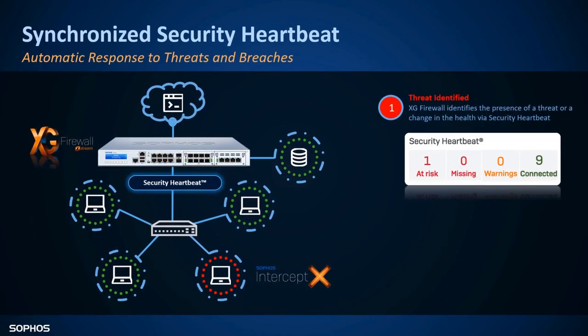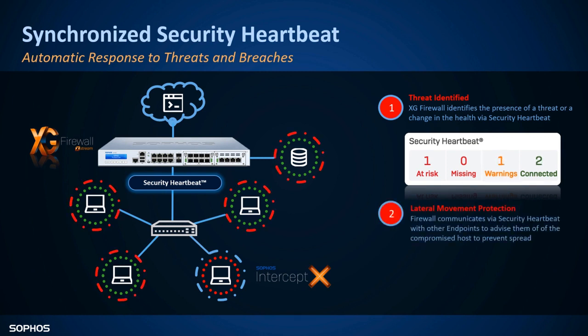So here we have the security heartbeat, and the security heartbeat shares a variety of telemetry between endpoint and firewall, which is one of the key pieces of information shared is its health status. If InterceptX detects a threat, it will automatically communicate that to the firewall, which will flag its heartbeat status as red.